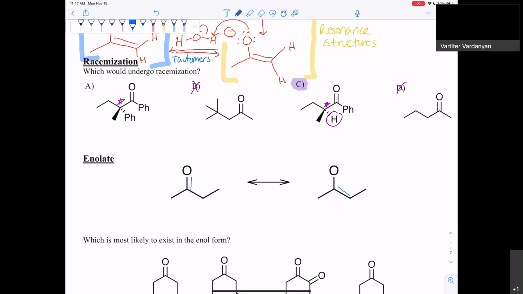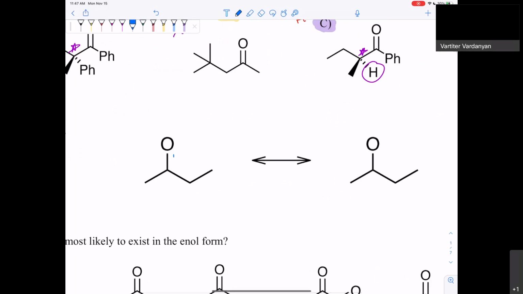Okay, so what else do we have to fill in? If it's an enolate, the negative. And then you have one more negative. Well, that's the resonance structure.